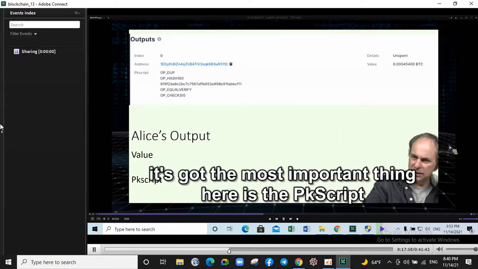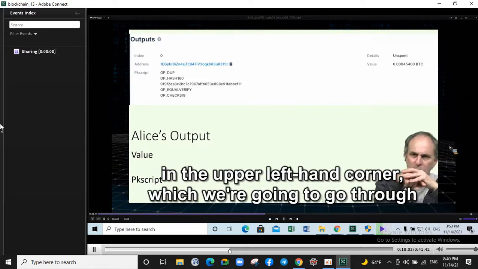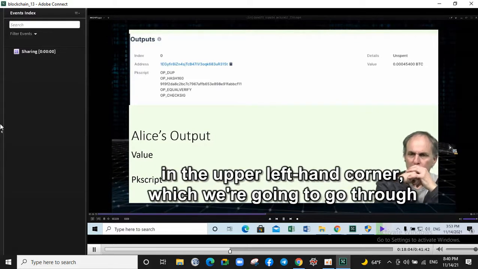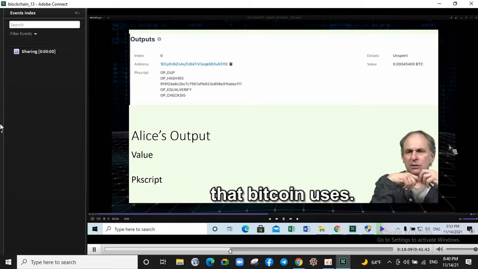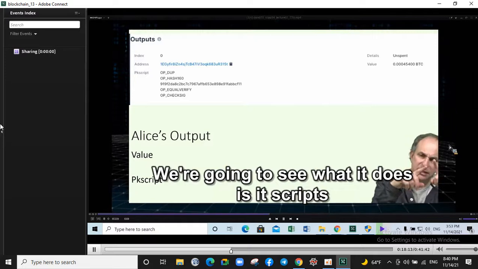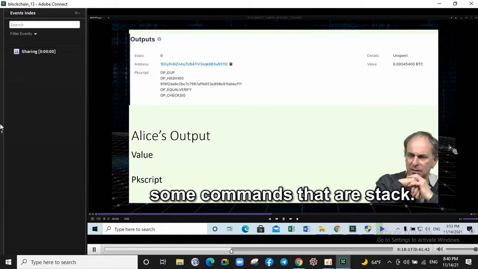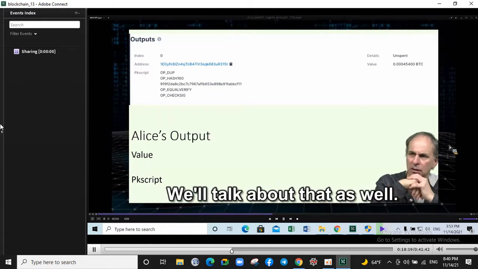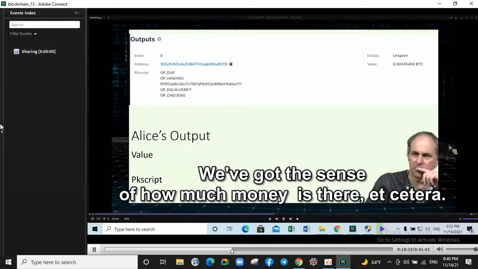The most important thing here is the PK script in the upper left-hand corner, which we're going to go through in quite some detail. That's a little scripting language that Bitcoin uses, and what it does is give some commands to a stack. I'll talk about that as well. And we've got the sense of how much money is there, etc.